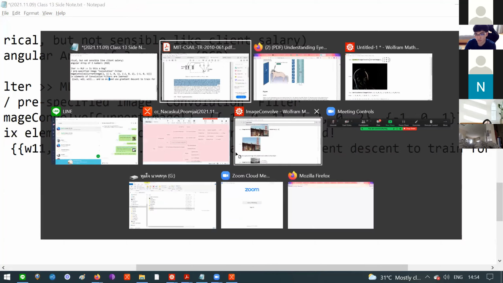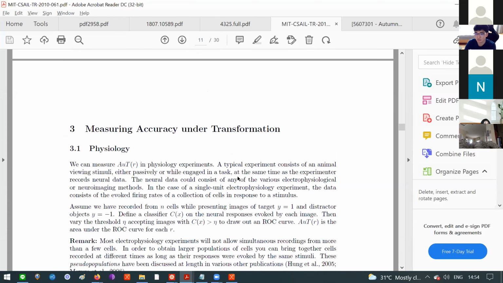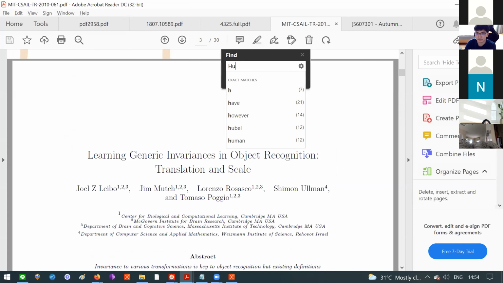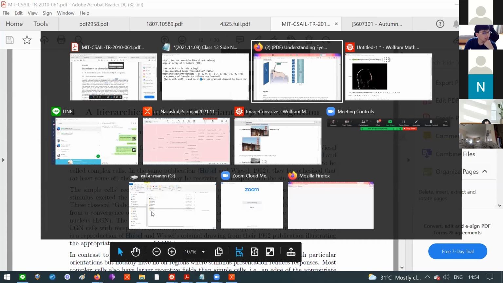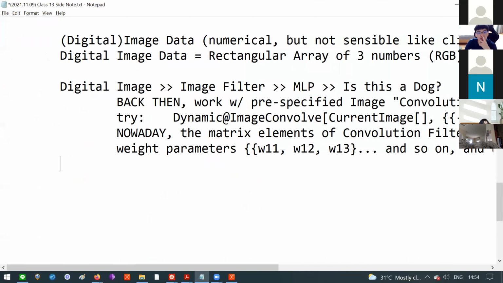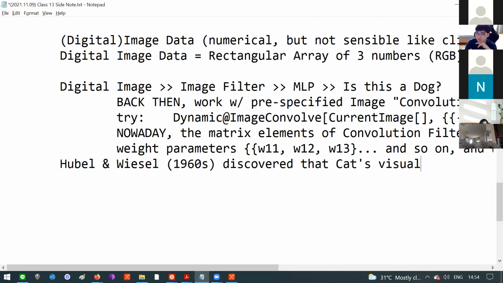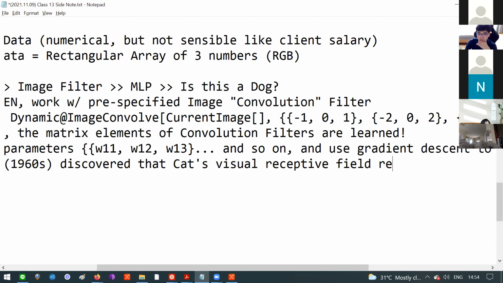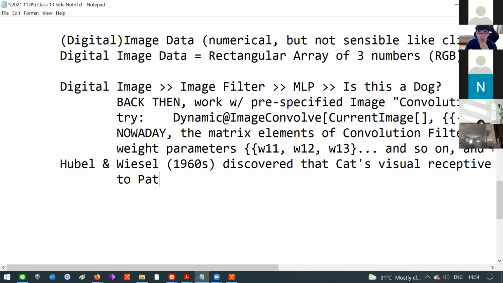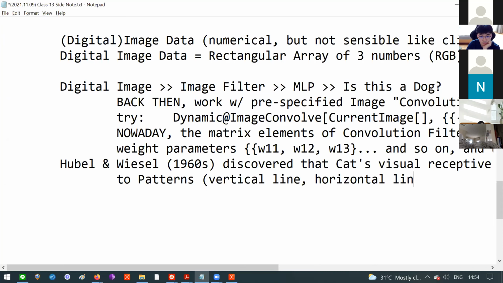So basically, what happened is, you can say that Hubel and Wiesel, 1960, let's say 60, discovered that cats' visual receptive field responds to patterns, vertical line, in a translation invariant way.